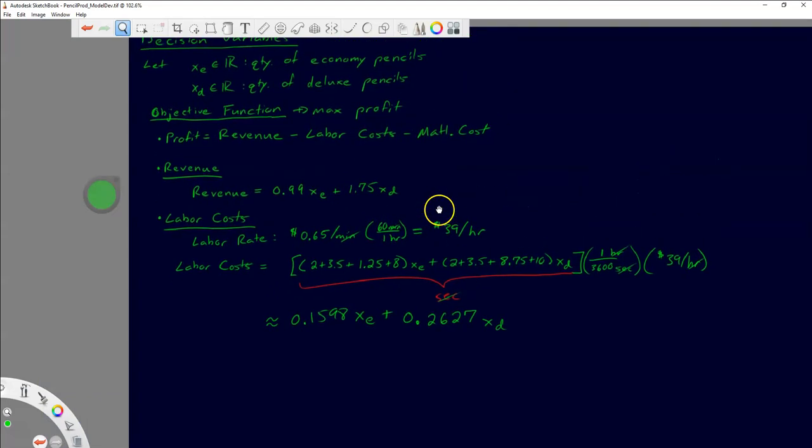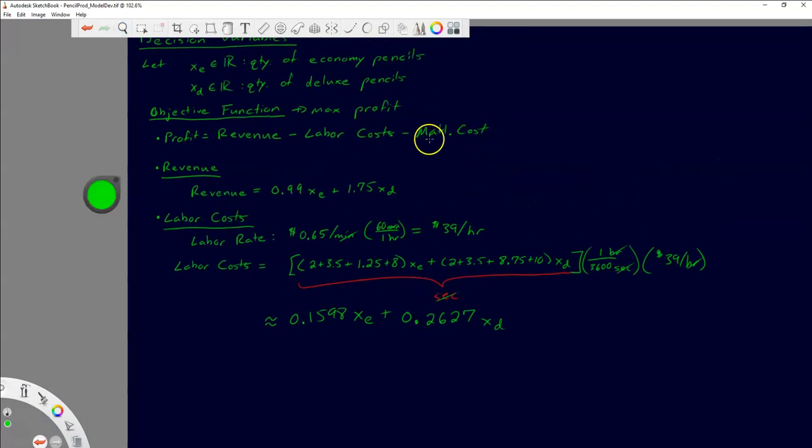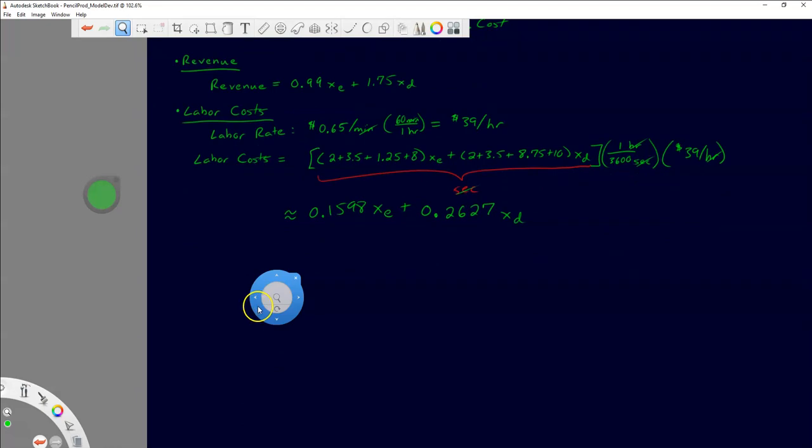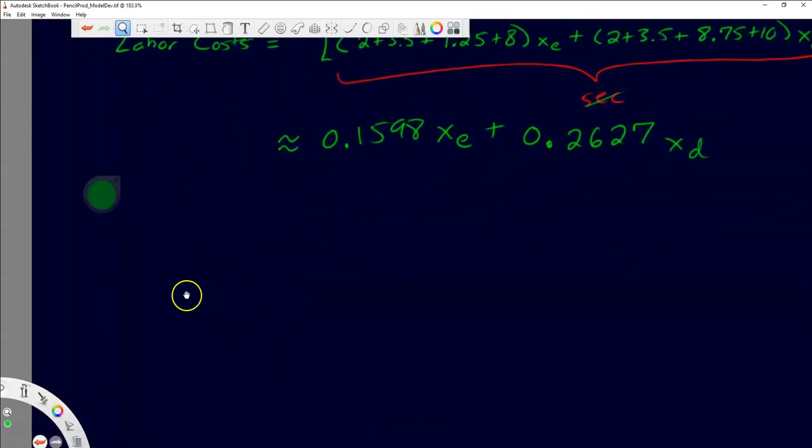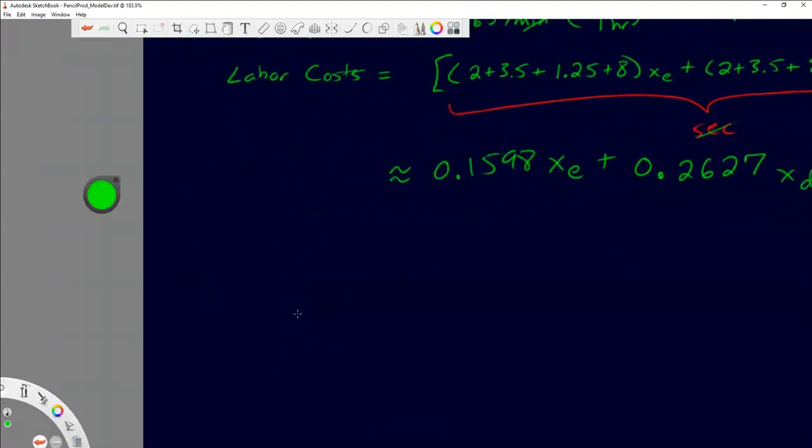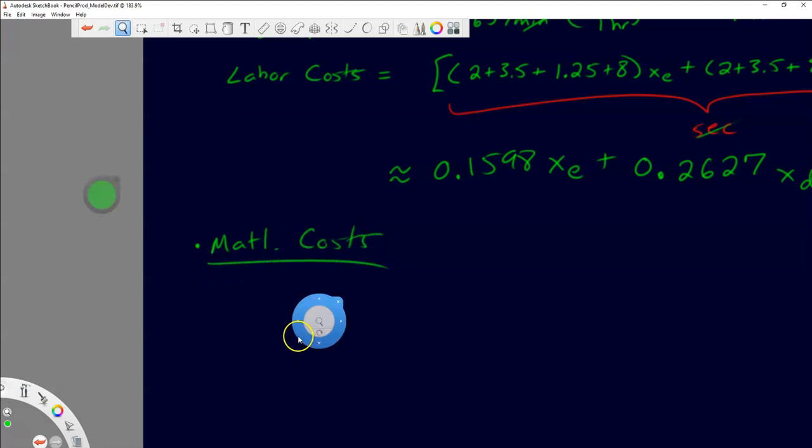So I look back up here, the only thing I have left to consider is the material cost, and then I'll be able to come up with our profit description. So now let's make a little spot to work on material cost.